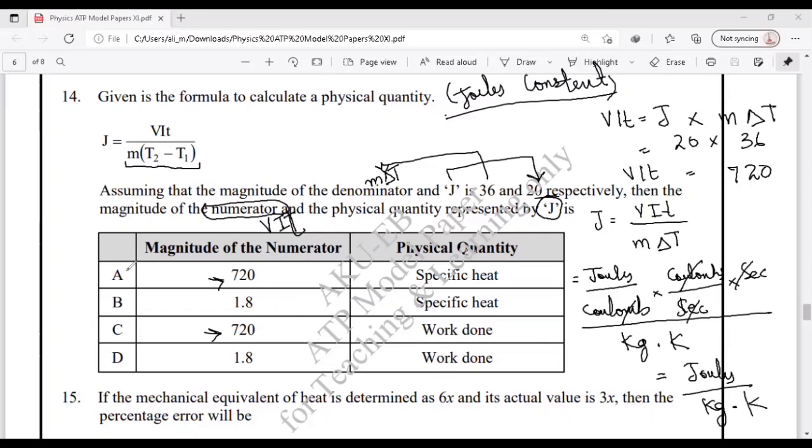So we have either option A or C as the right answer. The work done is only measured in joules, and this specific heat is measured in joules per kg Kelvin. This is the SI unit of specific heat. So option A is the right answer of this question.